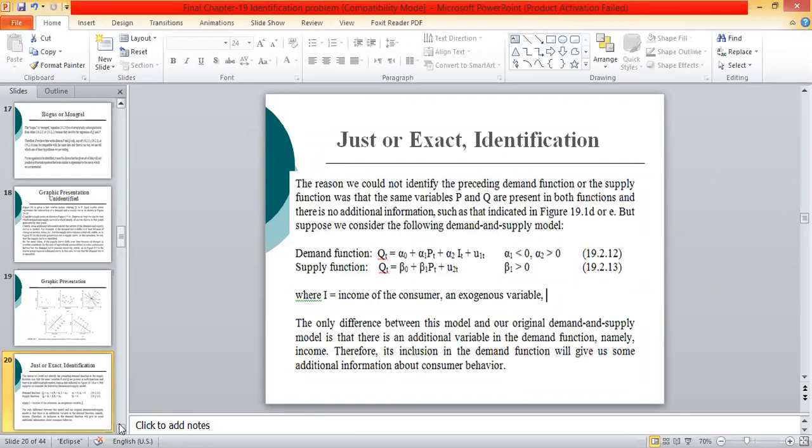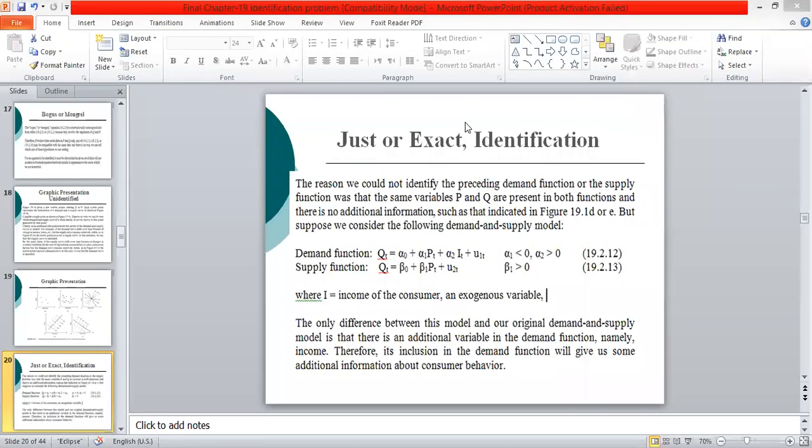So let's consider the following demand function. We consider the same demand and supply model with a little bit of modification. We have modified the demand function. The modification is that we have incorporated one additional variable in the demand function, that is the income.